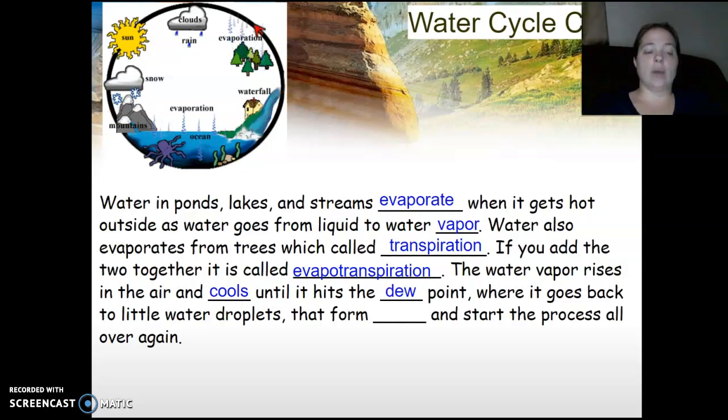For right now, just know as air rises, it cools, and then it hits something called a dew point, where it goes back to little water droplets that form the clouds and starts this process all over again. So as soon as it evaporates, it cools, forms clouds, goes back down into precipitation, which eventually gets into the ocean by either runoff or whatnot. And then you have evaporation and transpiration again. It just keeps on going.